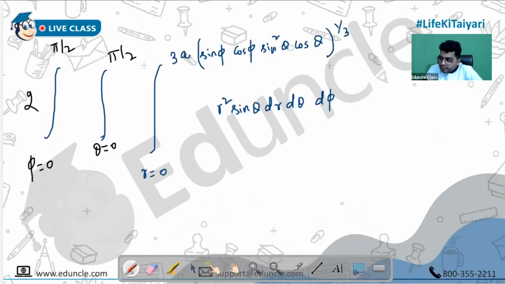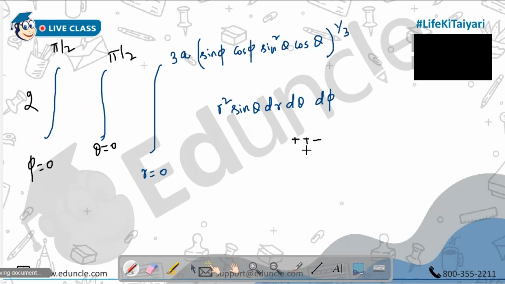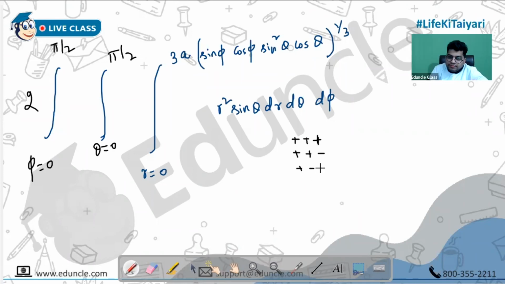A plane where two axes are positive, can we take it like that? Like xz positive, xy positive, yz positive. So we have positive, negative, positive.